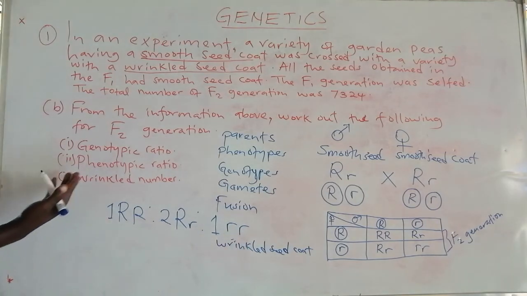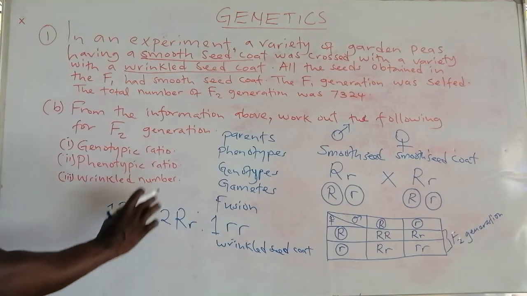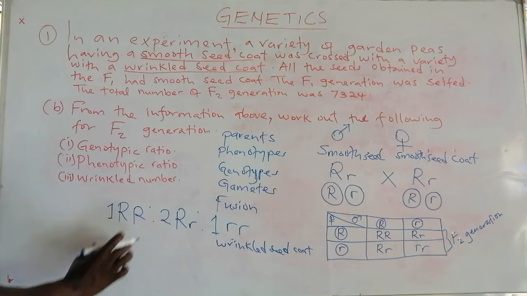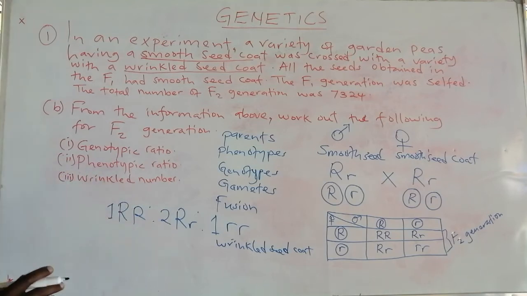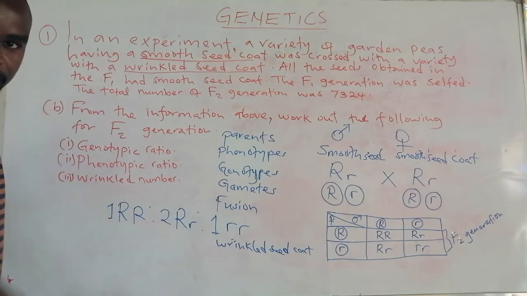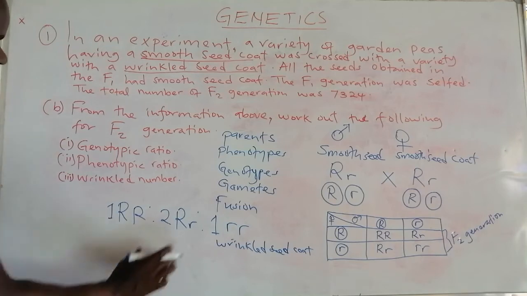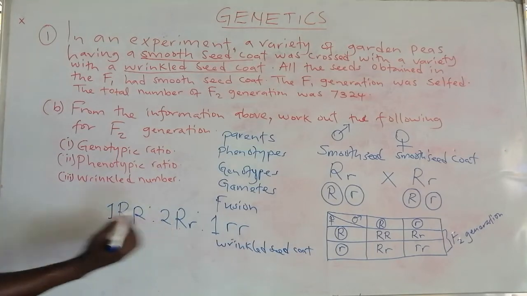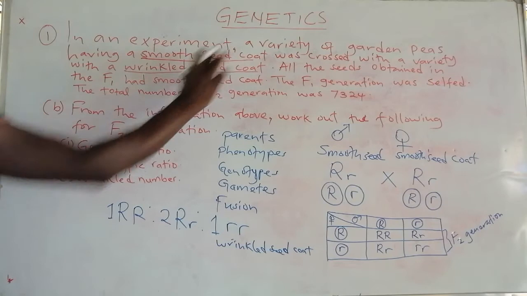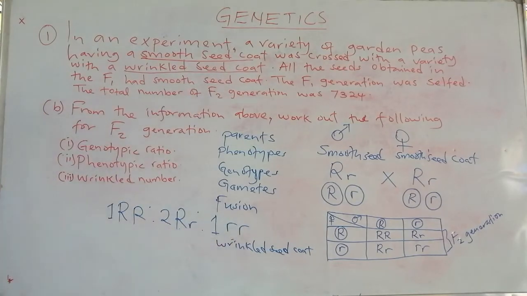Then we are also asked about phenotypic ratio. Phenotypic ratio is always expressed in words, and whenever we have complete dominance, the homozygous state will combine with the heterozygous state, so that these two will give us smooth seed coat, while this one will give us the wrinkled seed coat.